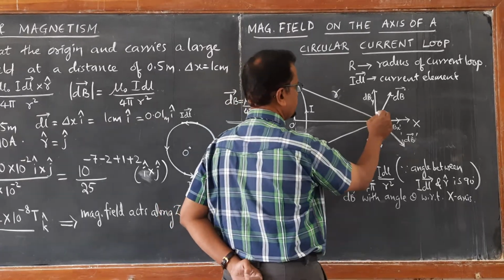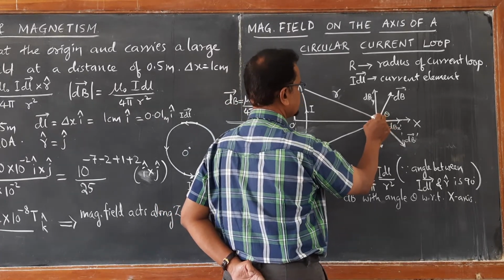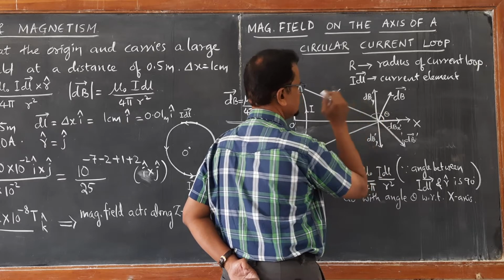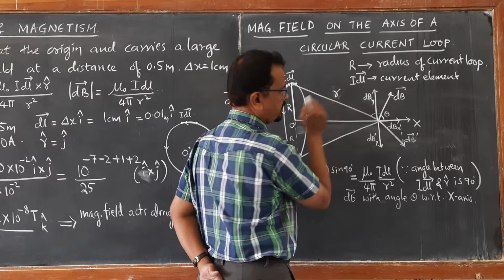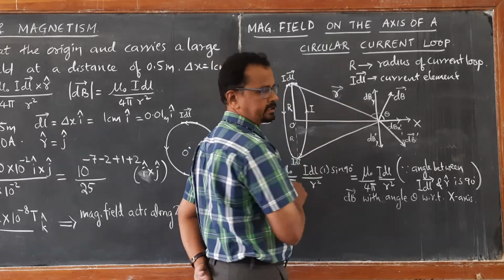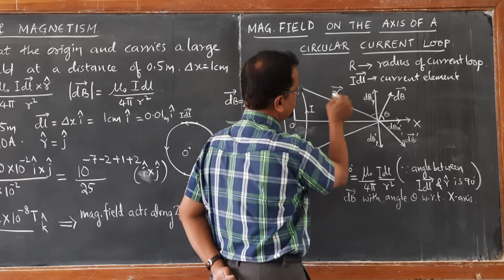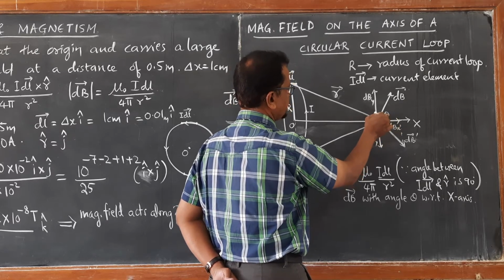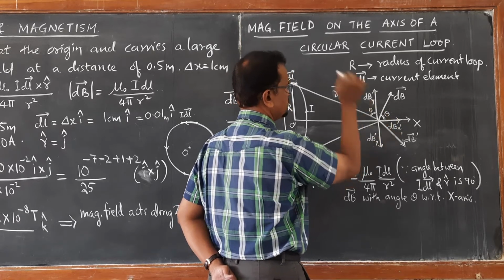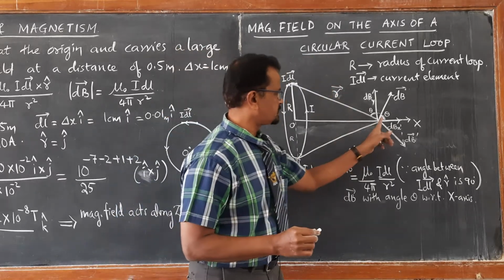In the same way, this interior angle plus this angle is 90 degrees, because dB vector is perpendicular to r vector. So, you can take this one as r vector, right. dB vector is perpendicular to r vector. Therefore, if this is angle theta, I can prove that this is also angle theta. I think you got it from the geometry.